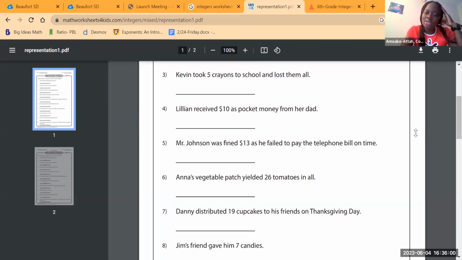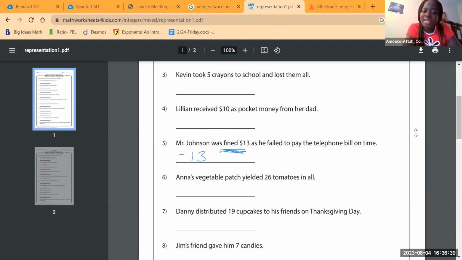Mr. Johnson was fined $13. Was fined $13. It means that he has to pay this $13 out of whatever amount he has. So there will be a loss, a reduction from whatever he has. So he was fined. So it means negative what? $13. So negative value. Are you getting what I'm trying to put up? Good.